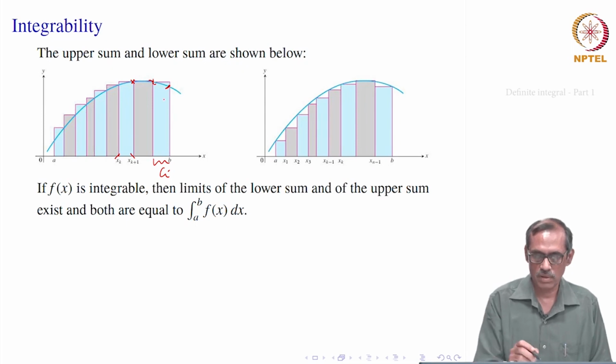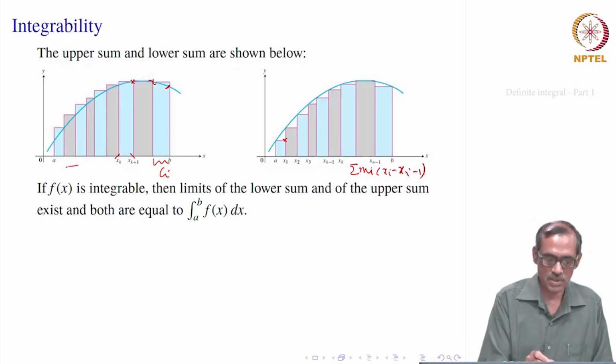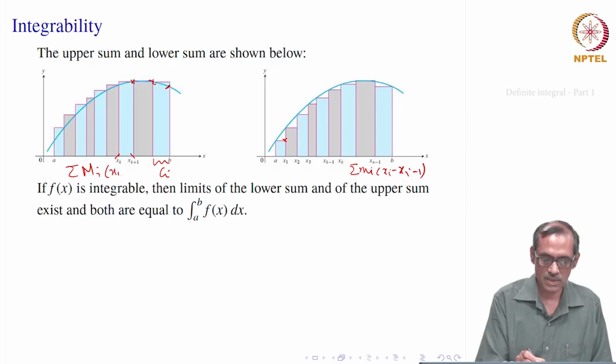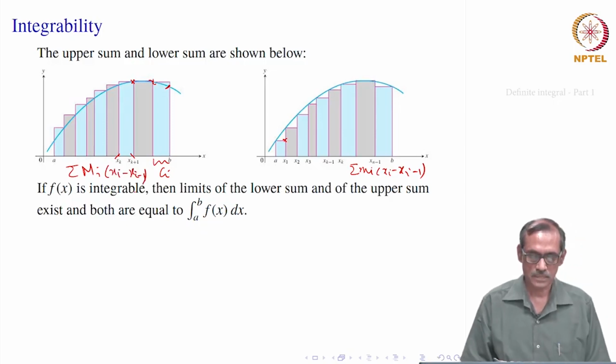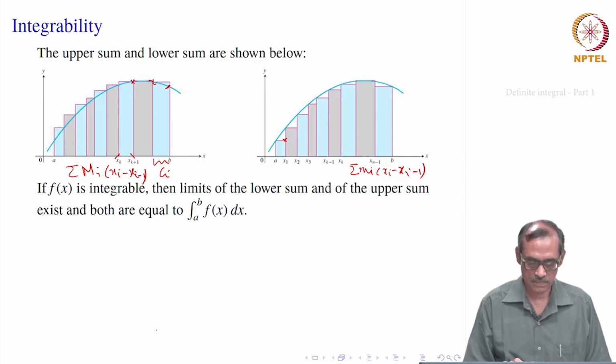So, left or right we do not know, but there is something where it is maximum. Here you see in the other picture, c i is taken to be the minimum here. So, these are the rectangular areas you get while you compute the minimum. So, this one gives the summation of m i into x i minus 1. This gives the summation of capital M i into x i minus 1. These are also particular values for a particular choice of c i's.